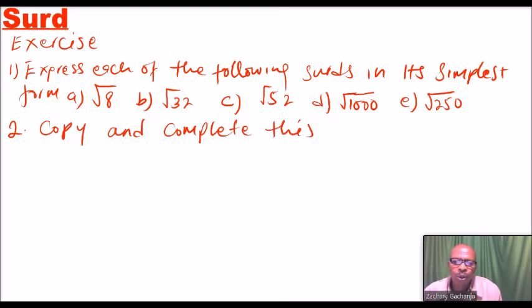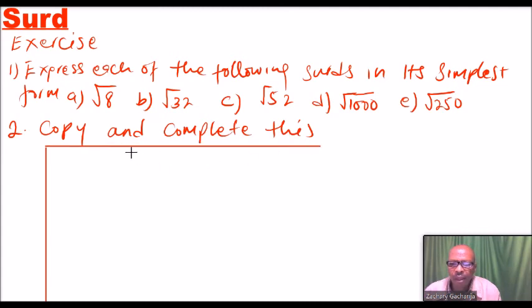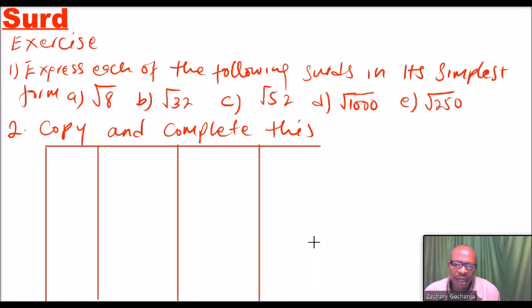This. So I have a table here which I want to draw for you. You can complete it. So here we have another row, another column. We have another one here, and another one here.